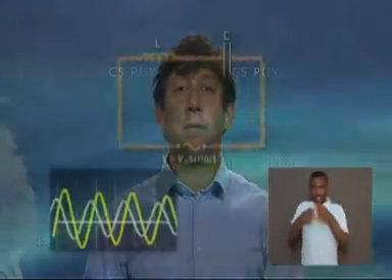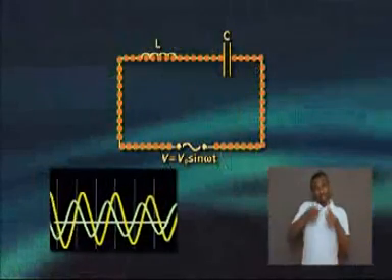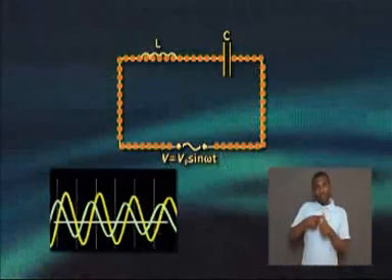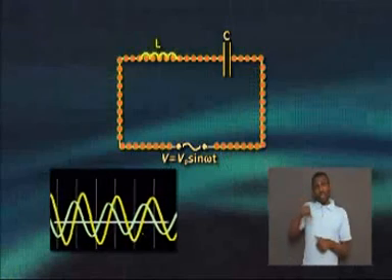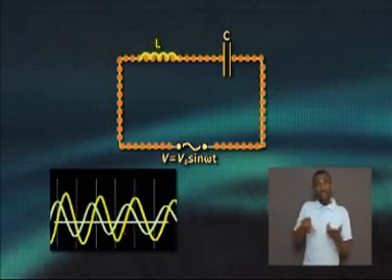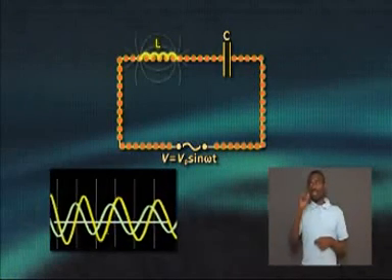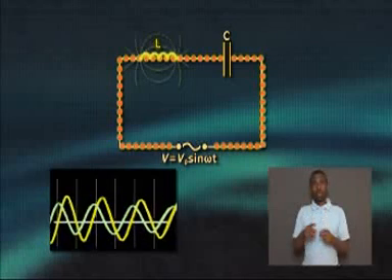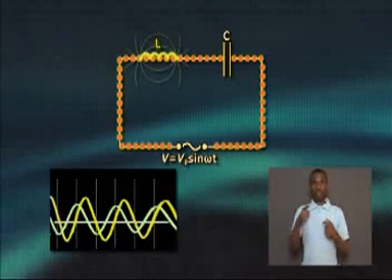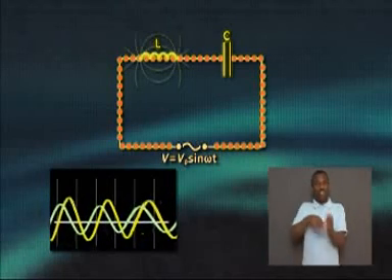Let us look at this process step by step. First, a charge will start to flow through the inductor, building up a magnetic field and reducing the voltage in the capacitor.